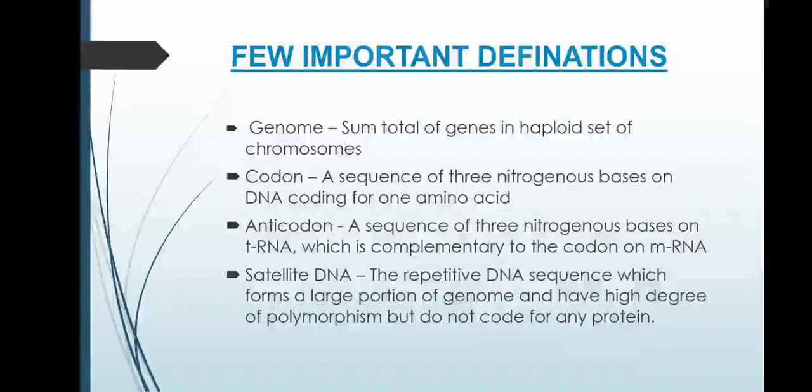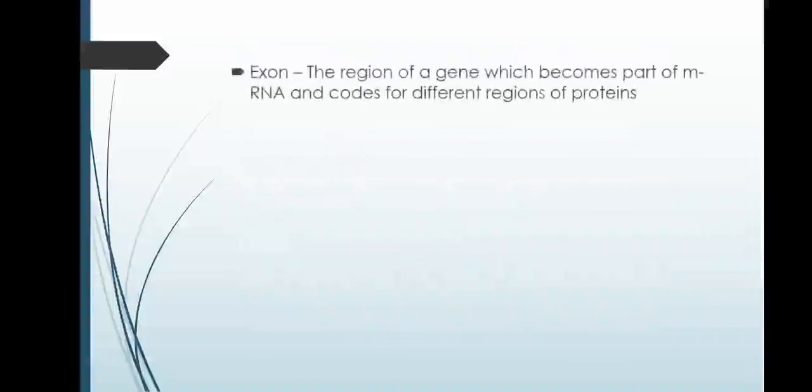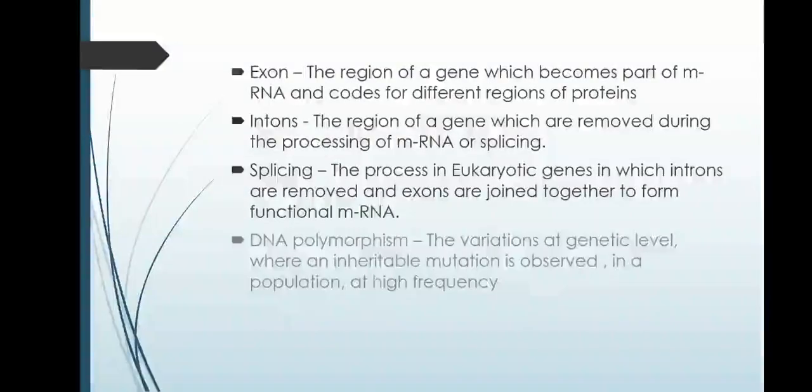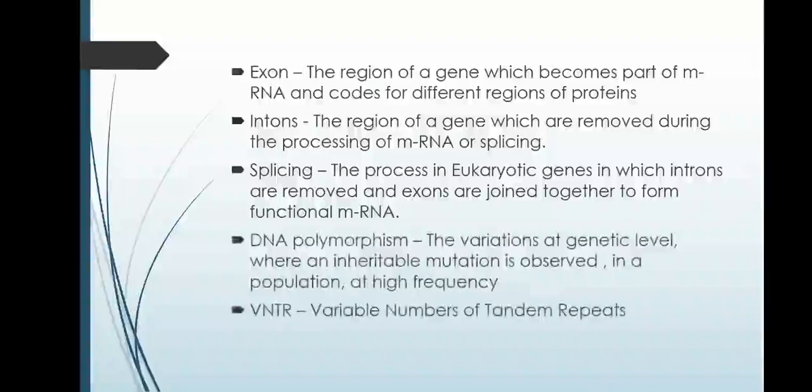Satellite DNA: the repetitive DNA sequence which makes up a larger portion of the genome and has a high degree of polymorphism, but does not code for any protein, is called satellite DNA. Now, there are some regions on messenger RNA, that is exons and introns.